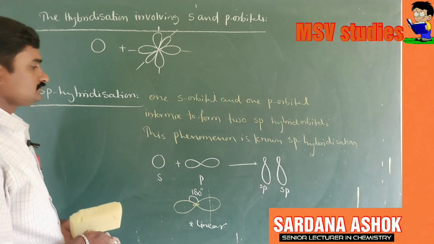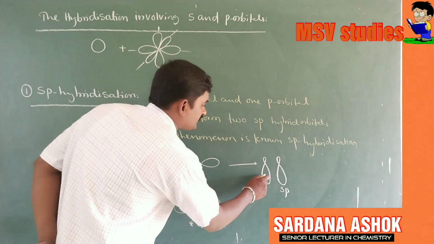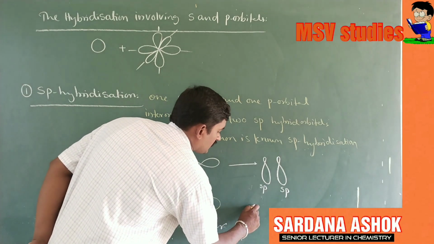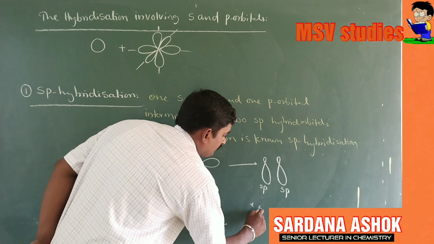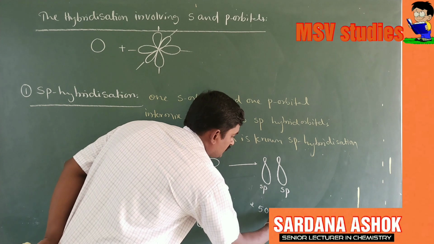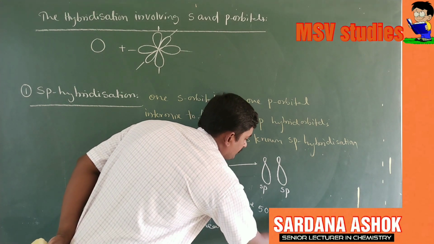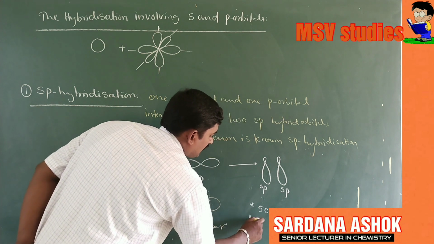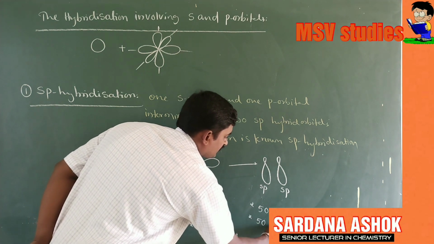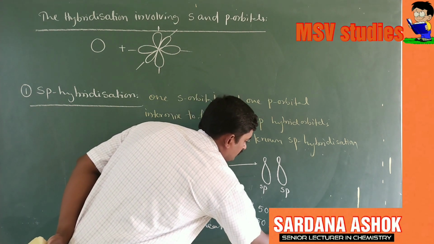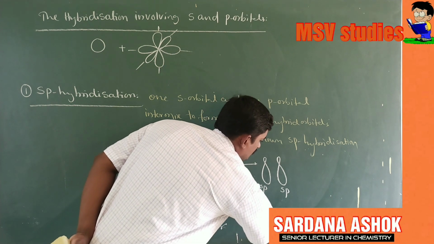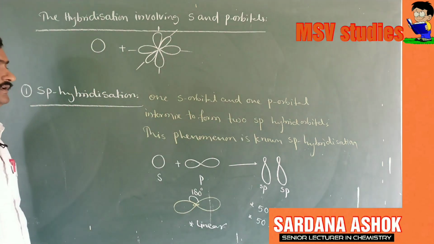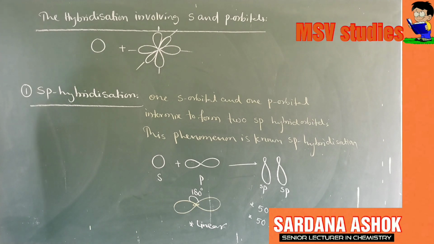Each sp hybrid orbital consists of 50% s character and 50% p character. If the central atom of a molecule possesses sp hybridization, the molecule is linear in shape.